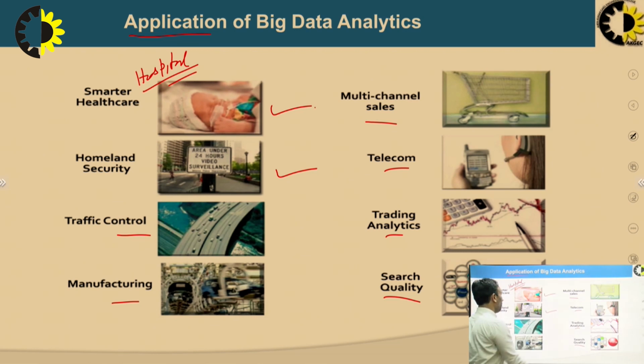Likewise, we all know that smart homes are also available. The sensors installed in a home continuously generate data that is also stored at a cloud. So these are the applications where big data is used.